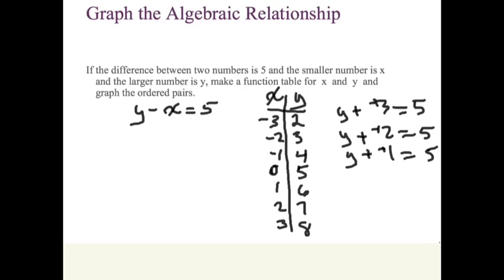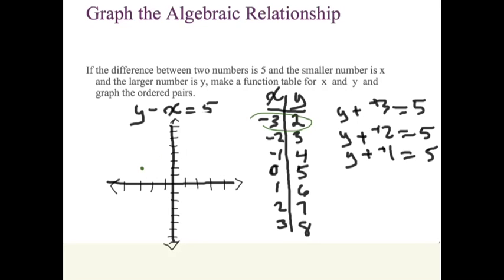Now let's graph. Here's my feeble attempt at making an xy axis. I'm doing the best I can. Then we're just going to take our time and plot points, and I'll use a different color to do that. This first point is (-3, 2). So I'll go out to -3, go up to +2. I had to adjust my graph a little bit.